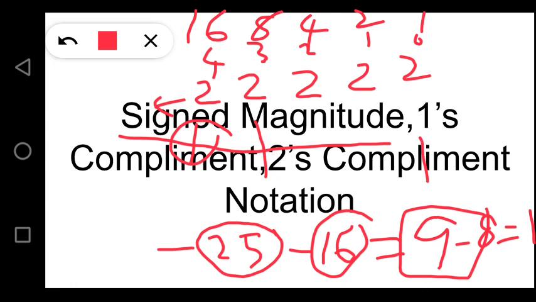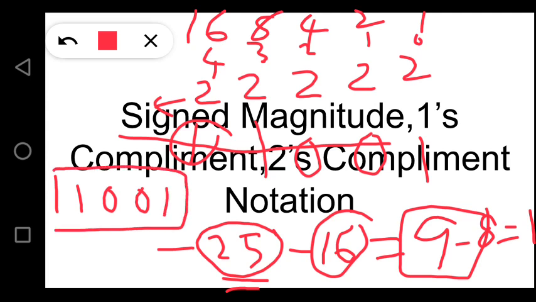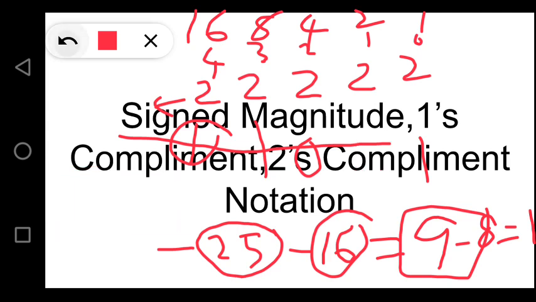So directly I can mention 1 here, and 0 and 0. So the binary equivalent of the decimal value 25 would be 1 1 0 0 1.